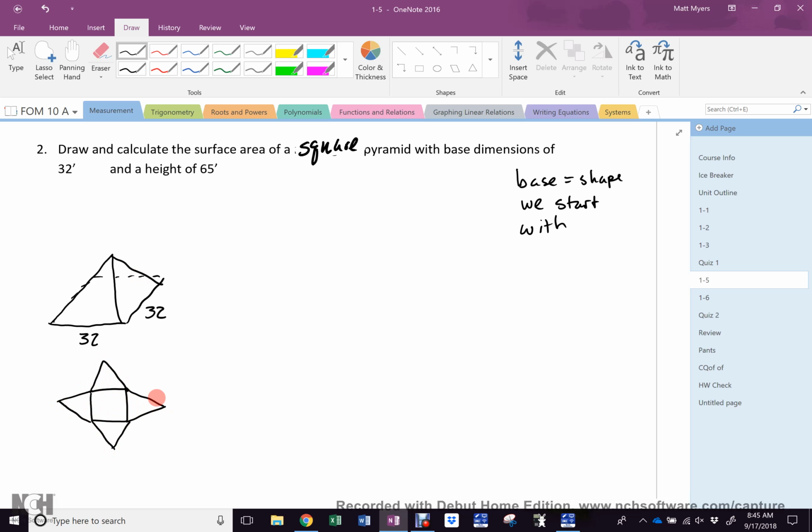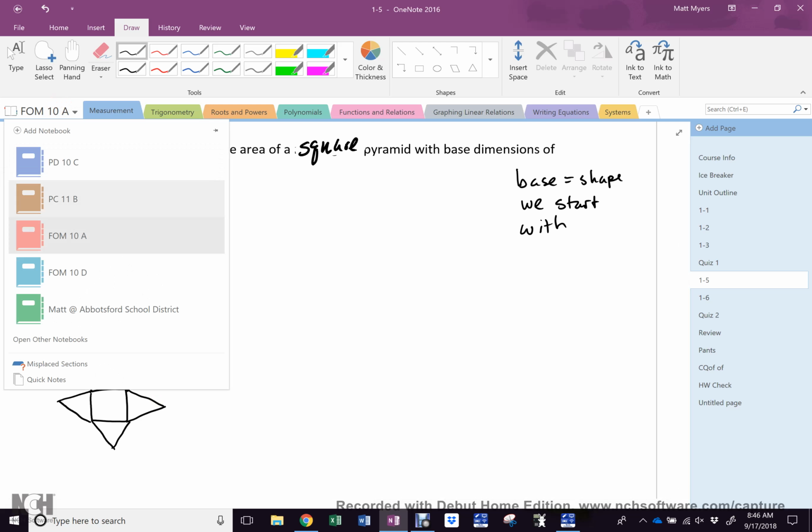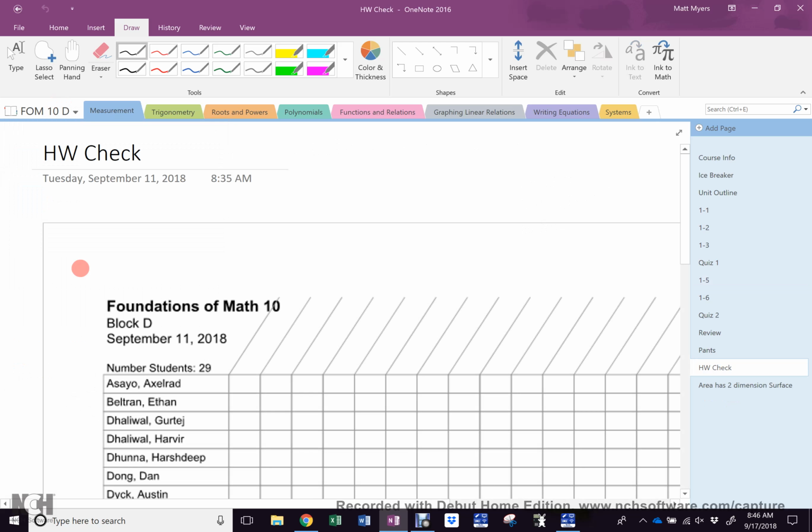All right. Now, if I want the surface area of this, is there a formula for it? Is it a single figure? Is this one figure that I've drawn on the page? Yeah, and single figures get a formula, right? So on our charts or on our data booklets, we have that formula.